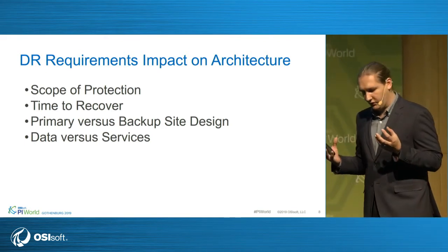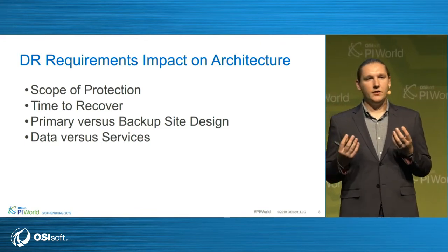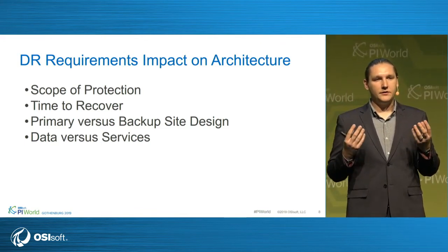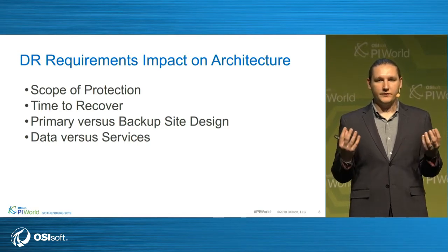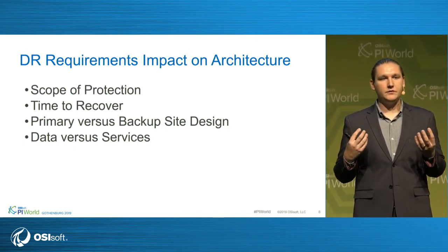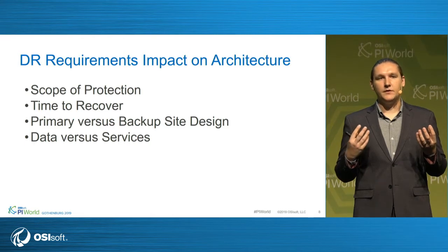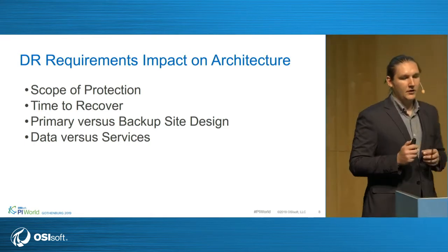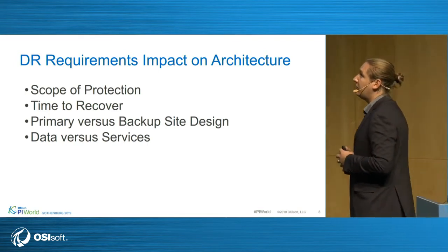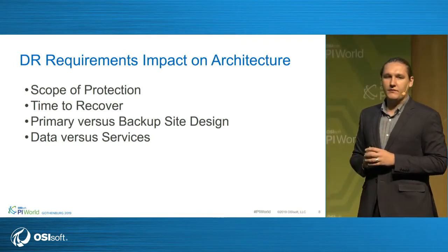If you want to have zero downtime while switching between the primary location and the secondary location, both systems should be equal, and you need to support both systems in the equal way. The next important point is the time to recover.